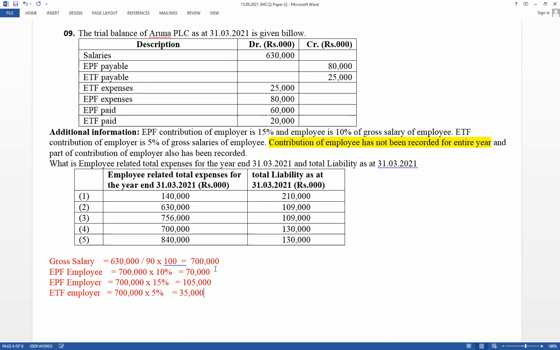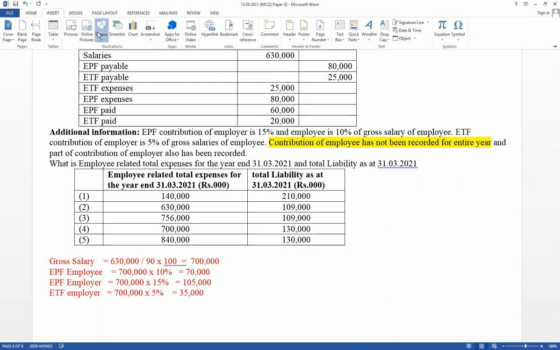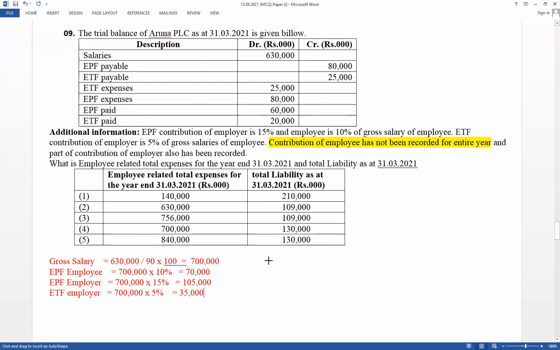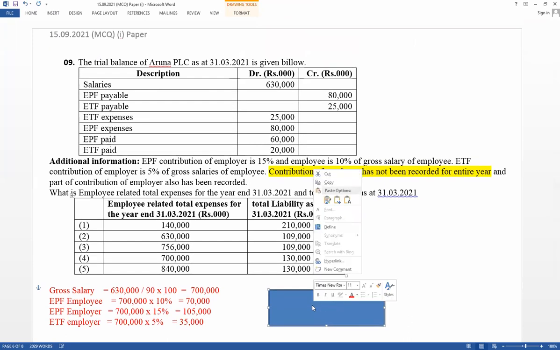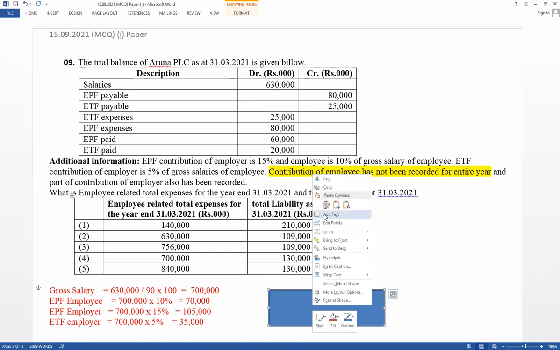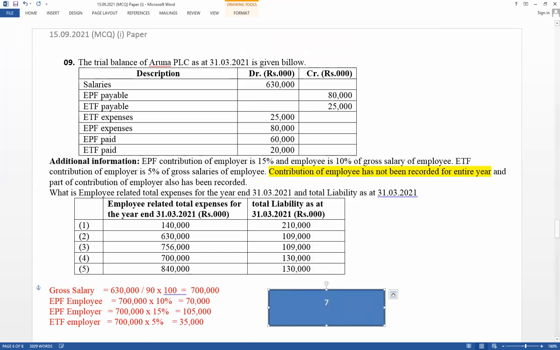Now think salary account. They ask employee related total expense. As employee related total expense, you have to consider gross salary as the salary, and EPF expense, ETF expense. Those are the employee related expenses. EPF expense and ETF expense are only the contribution of employer. Therefore, 700,000 plus 105,000 plus 35,000.